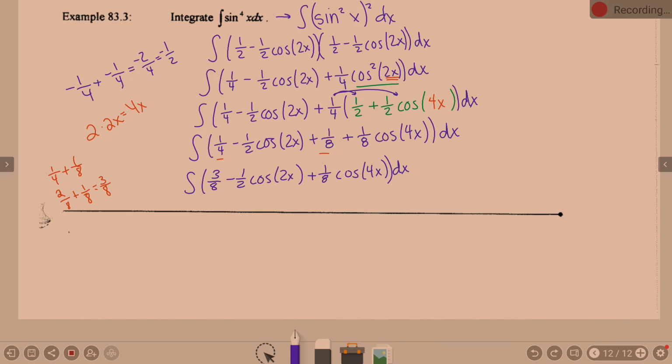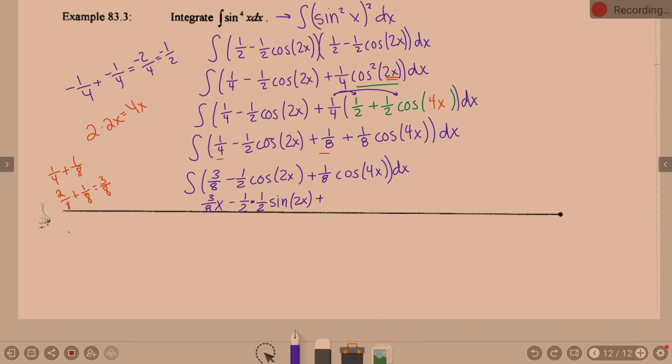What's the integral of 3/8? x minus, I'm going to do this in pieces, I'm going to go ahead and write the 1/2 down. What's the integral of cosine 2x? Integral of cosine of something is sine of something. Compensate for the derivative of 2x, so we need a 1/2 out front.